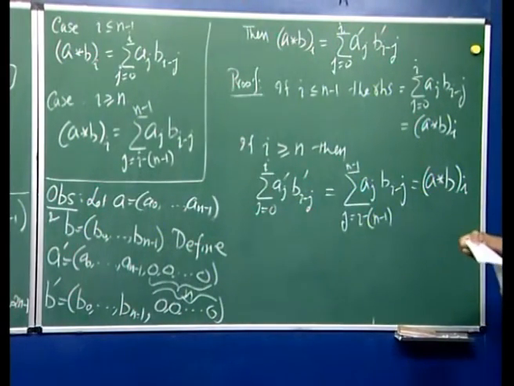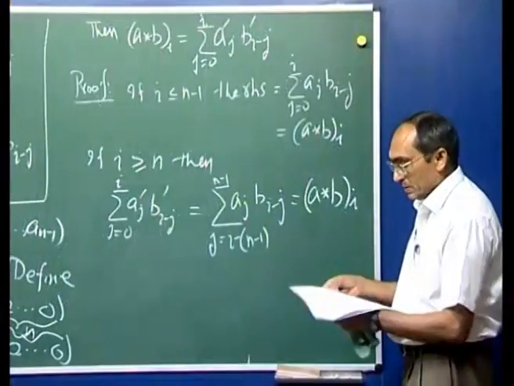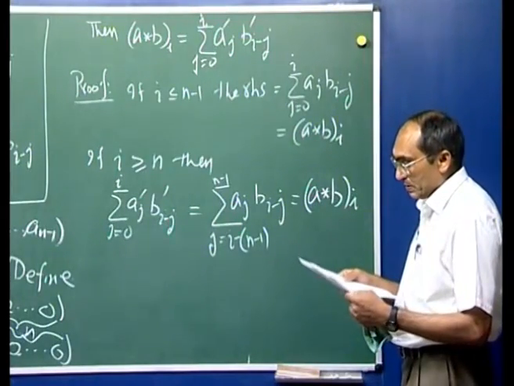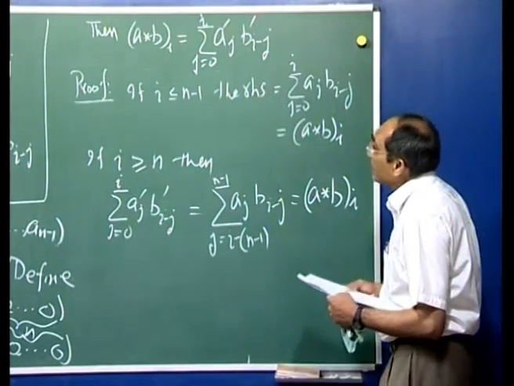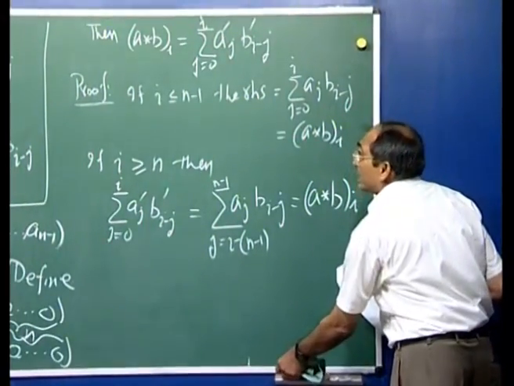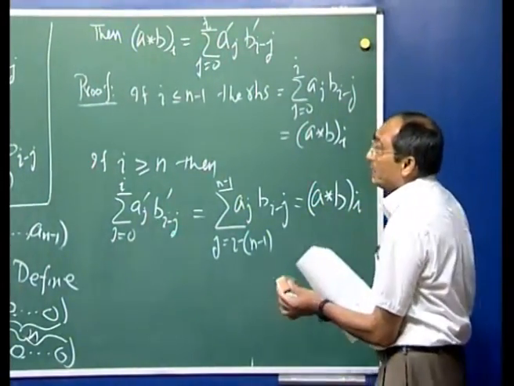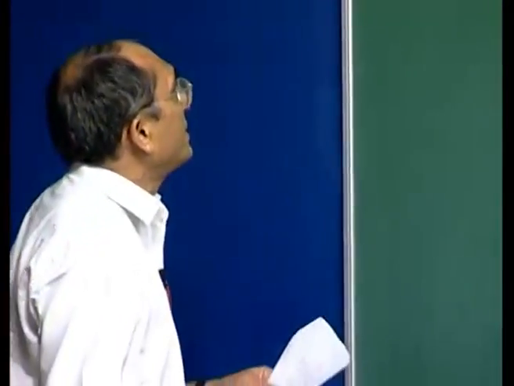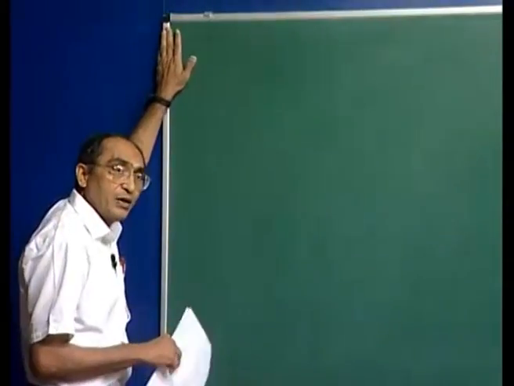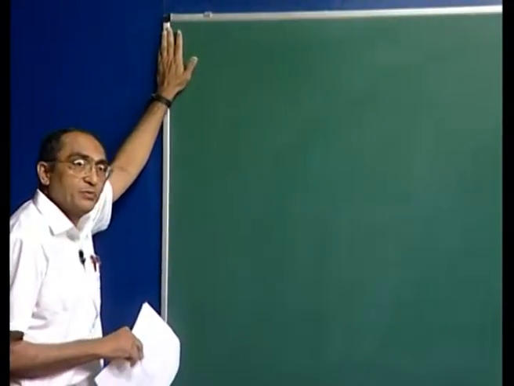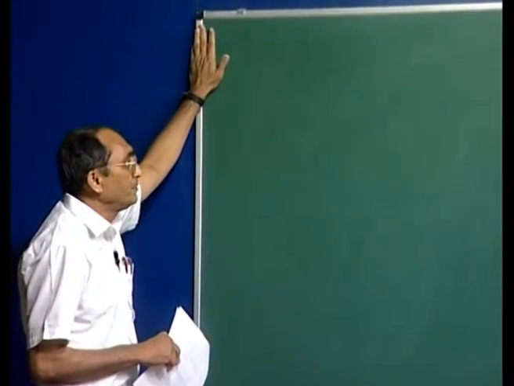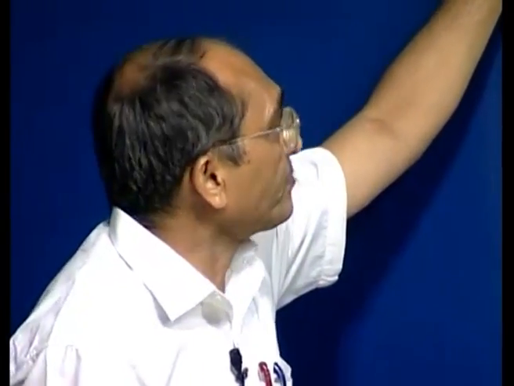Okay. So, now I am ready to state a theorem, and we will prove that in the next lecture. Finally, I am going to state a theorem which tells you how to compute the convolution of two vectors efficiently, which actually uses a Fourier transform, and the proof of that theorem we will do in the next lecture.